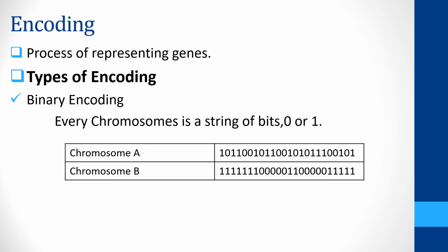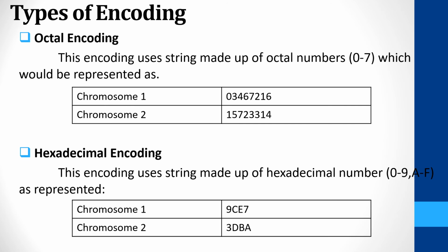Here are some types of encoding. First one is binary encoding, the most common method of encoding. Chromosomes are strings of ones and zeros and each position in the chromosome represents a particular characteristic of the problem. The second type of encoding is octal encoding.